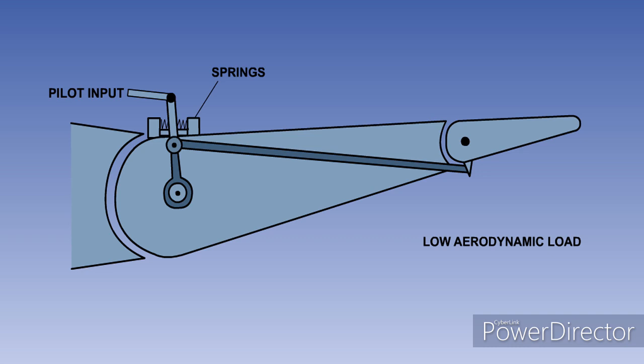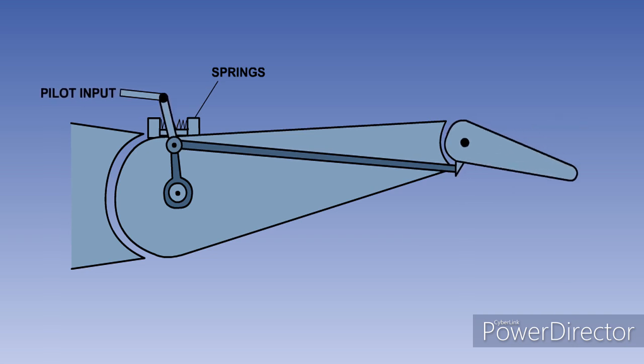The full load is felt by the pilot. As the aerodynamic loads increase, the spring force will be overcome, causing the balance tab to move in the opposite direction to the primary control surface, thus reducing the stick forces.